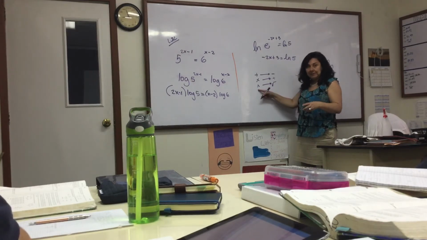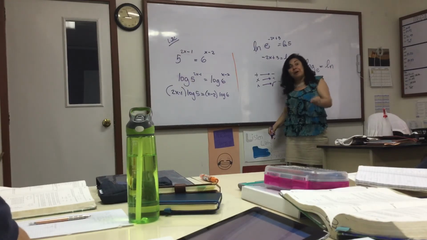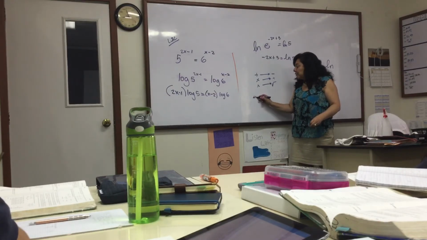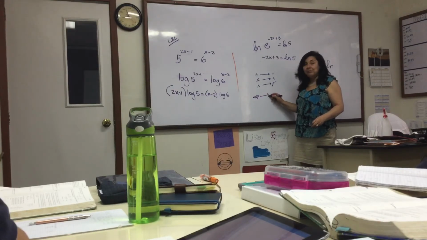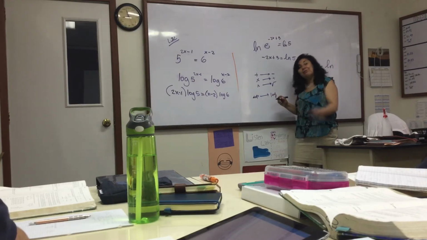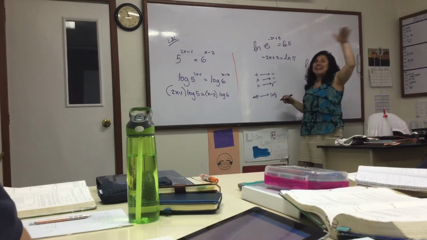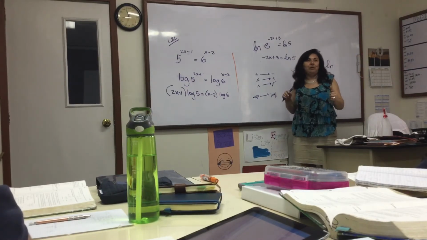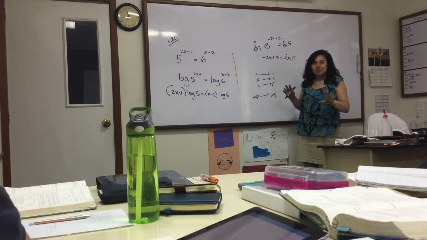But what happens when the variable is the exponent? The only way to bring it down is logarithm. It's like the last level of the operations, okay? So does that make sense?